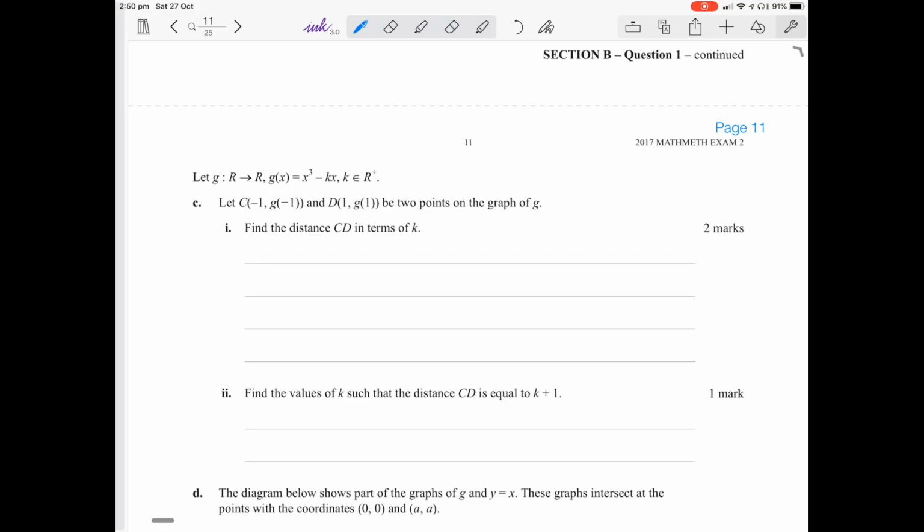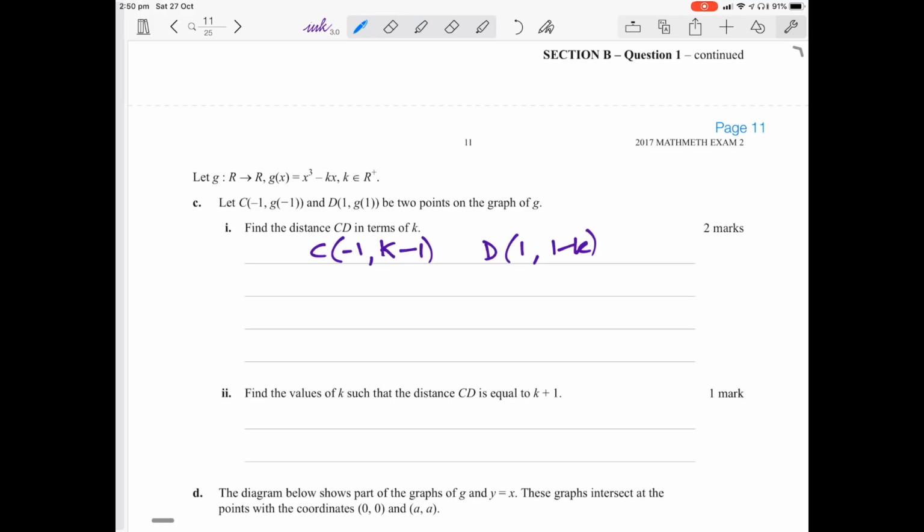Okay, so c is a point -1. Now if I put negative 1 into that function, I'm going to get negative 1 plus k, or k minus 1. D, 1 is going to give me 1 minus k.